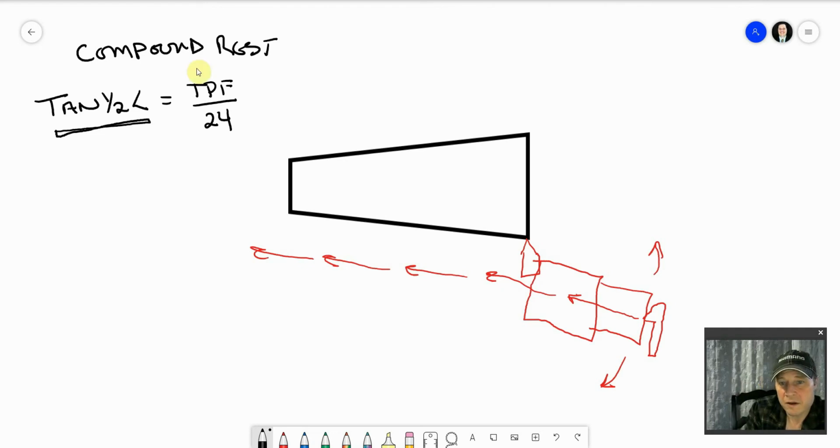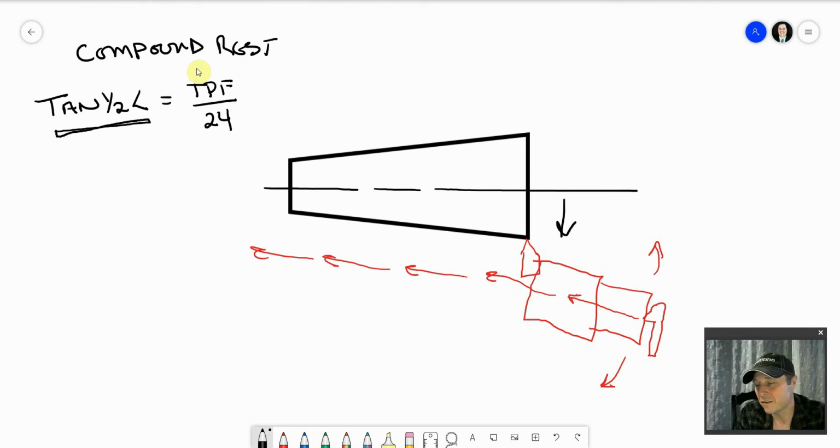So this is our center line of our part in the lathe. When we set up our compound rest, we're on this side of center line. When I take a cut, I'm only cutting one side. So if I solve half of the angle, whatever I do to this side happens on the other side.